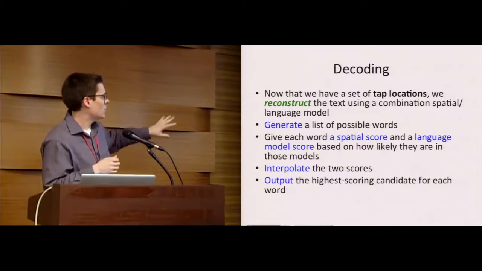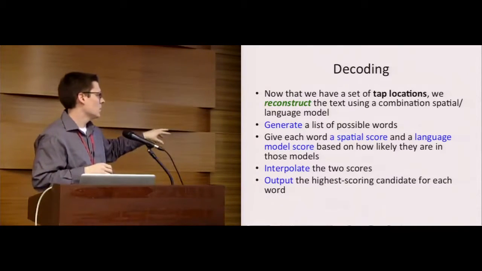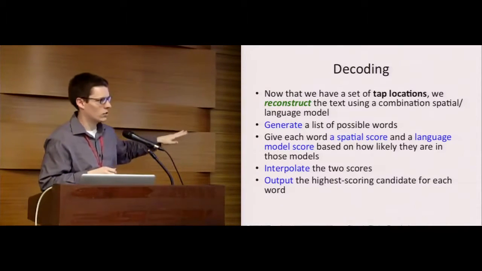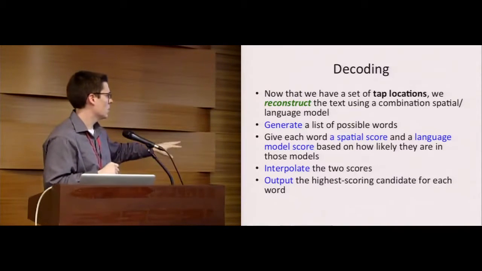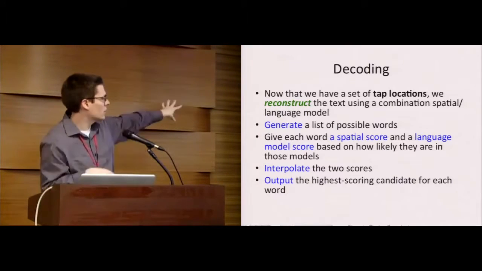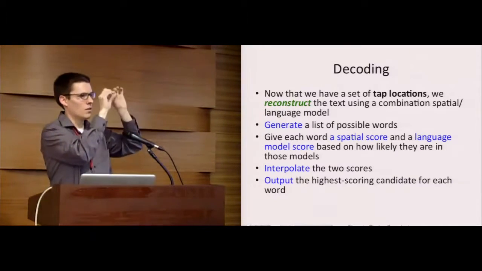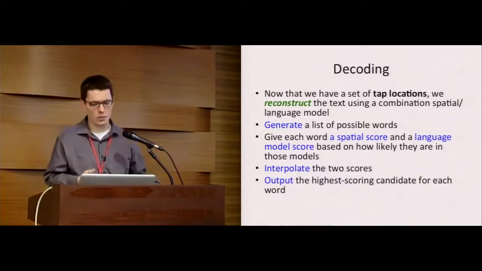And then what we do is we combine the two, spatial and language model score, using linear, actually, I don't think it was linear interpolation. We were in the log space, but that's not terribly important. And then we arrange that list of possible words into highest scoring on top. We pick the top one, and that's what we go with.